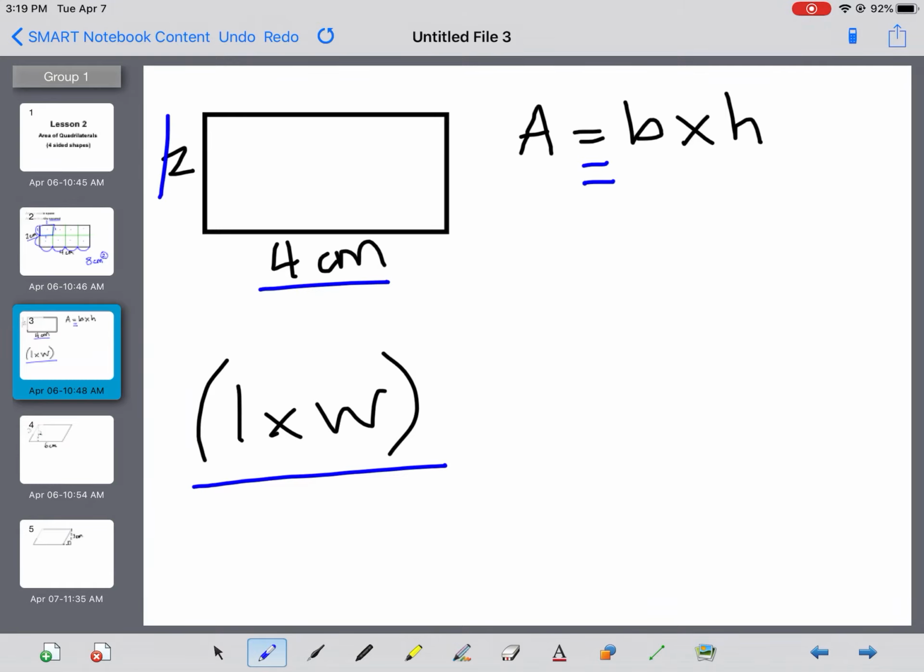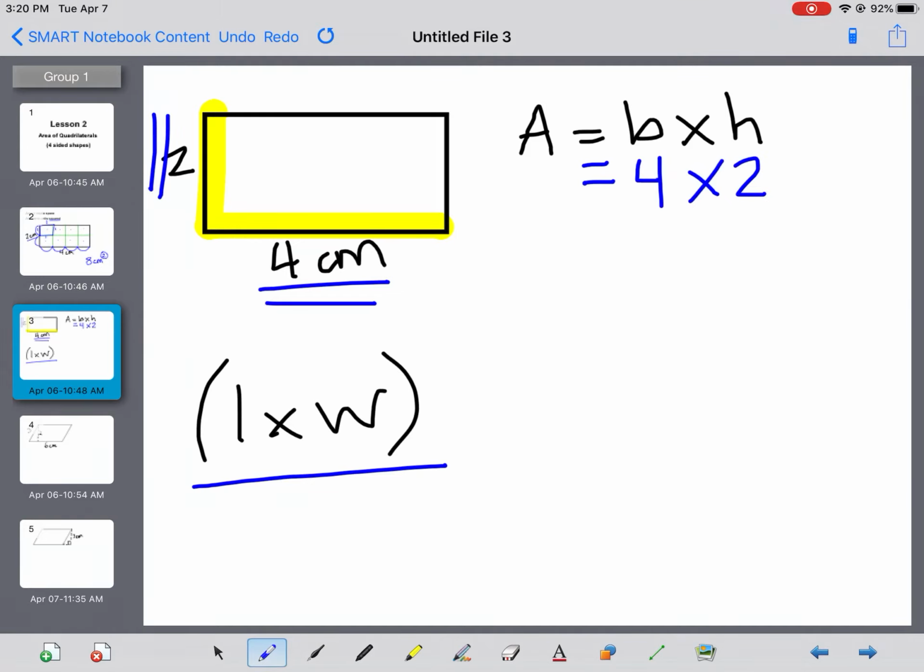So instead of thinking length times width, think to yourself base times height. The base is the bottom of the shape, the bottom straight side. So for base, we're going to put in a 4 for 4 centimeters, and the height is the straight line that you can draw from the base up to the top of the shape.